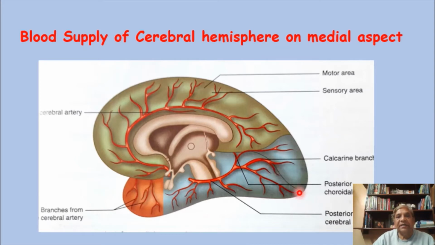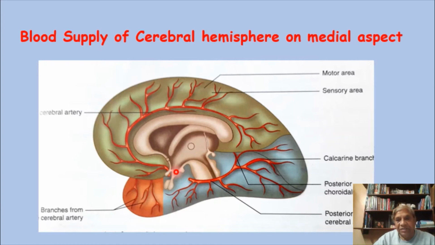This is the calcarine sulcus of the occipital lobe. That means this is the frontal lobe, this is the parietal lobe, this is the occipital lobe, and here is the temporal lobe. This is the part of the midbrain, the pituitary gland, and these are the mammillary bodies.